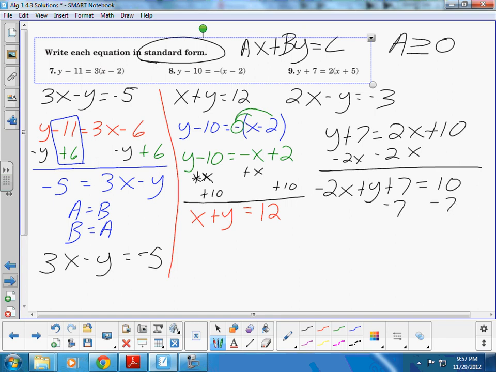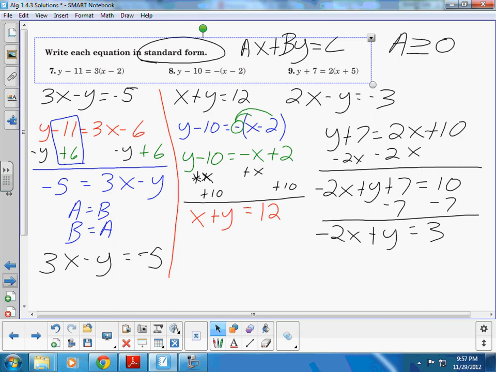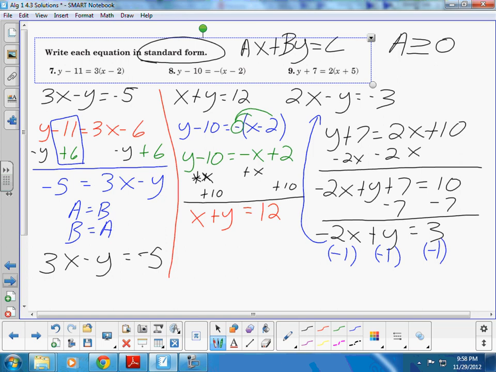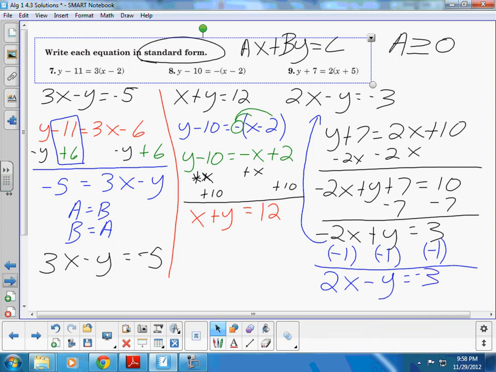Subtract 7 from both sides. I have a negative 2x plus y equals 3. As you notice, the answer up here has everything sign opposite. That's because we're going to multiply everything through by a negative 1. And when we do that, we get what we have up above, 2x minus y, or plus a negative y, equals a negative 3 for the answer.